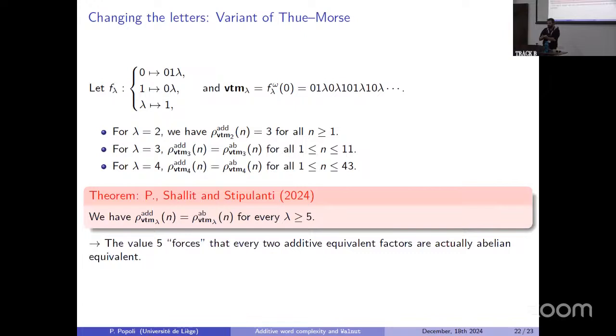And then we have proved that even if the letter lambda is larger than 5, then the additive complexity is in fact equal to the abelian complexity. And this can be understood as the value 5 being too large compared to the other letters. And this forces the additive equivalent factors to be actually abelian equivalent, so to have the same letters.